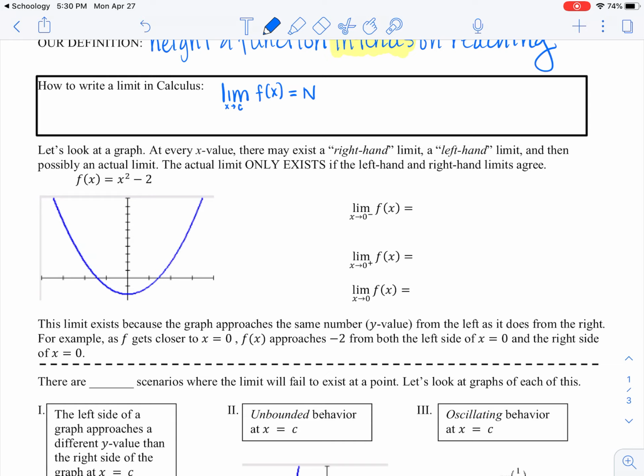Okay, so let's look at this graph right here. At every x value, there may exist a right-hand limit and a left-hand limit, and then possibly an actual limit. The limit only exists if the left-hand limit and the right-hand limit agree. When we're first teaching this, remember, we say, what's the left-hand limit? What's the right-hand limit?